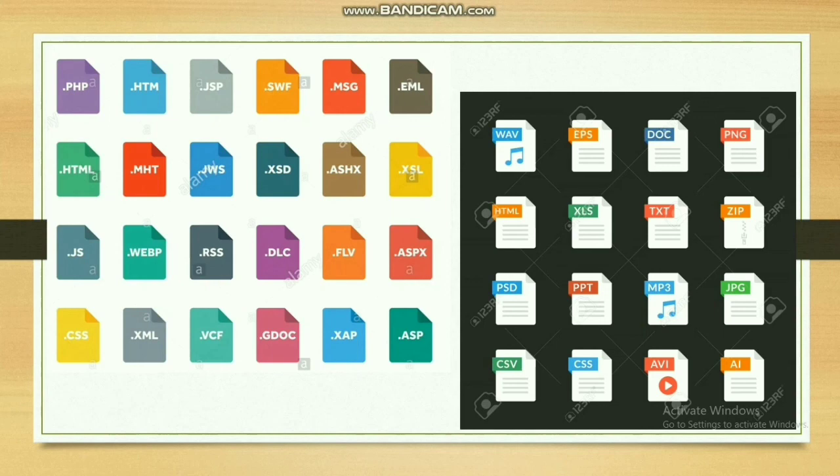Zip files are there. That means when files are compressed, zip files are formed, and when the compressed files are decompressed, they return to the original size. TXT means text files. XLS may be Excel sheet files, PPT is a PowerPoint presentation, MP3 is music, AVI is music with video, and there are so many types of files, and a few you have learned.